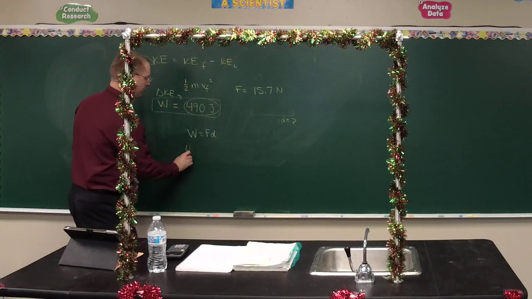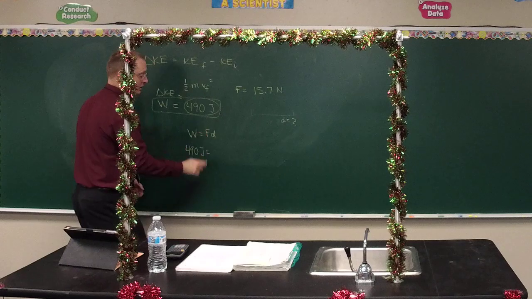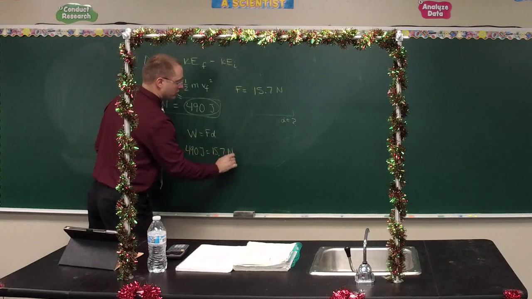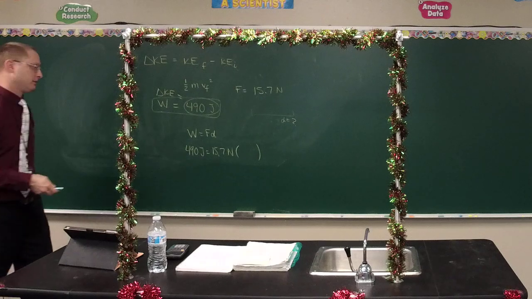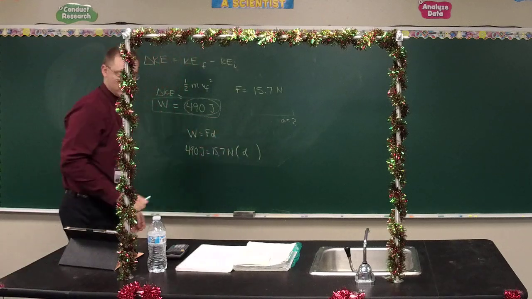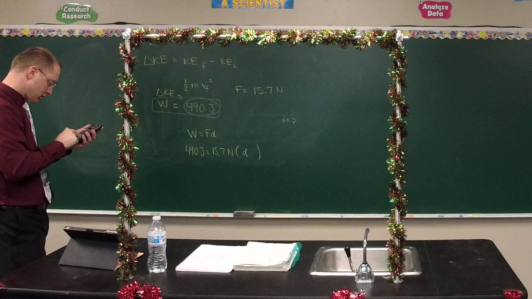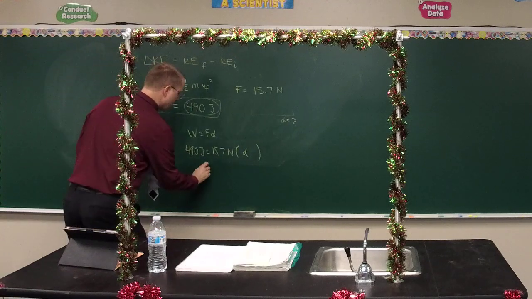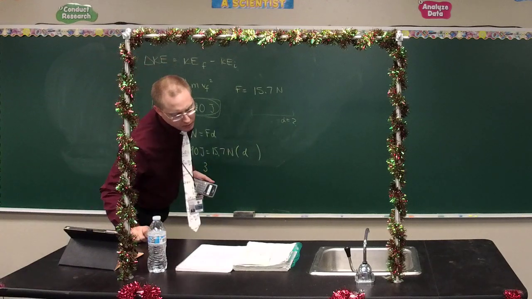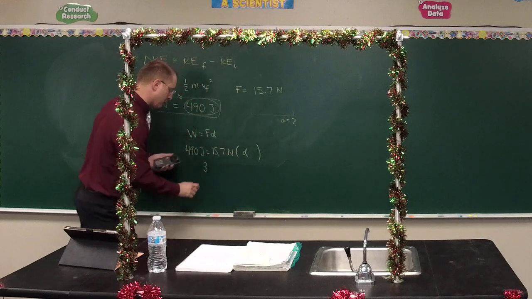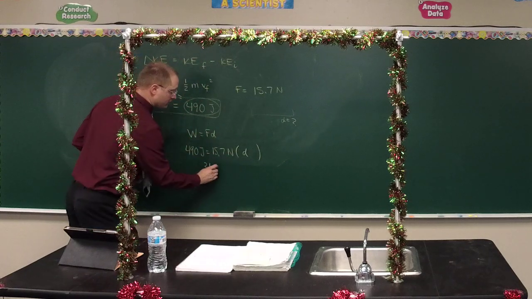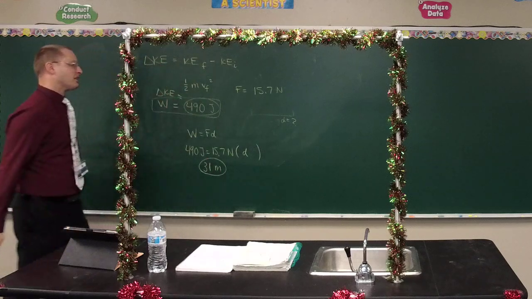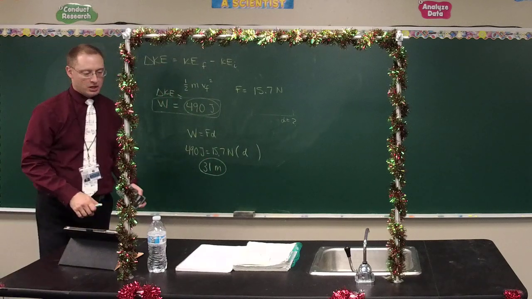So if the work is 490 joules, and there was a force of 15.7 newtons, over what distance did that force apparently act? 31.2. And is it 3 sig figs or 2? 2 sig figs. So 31 meters of distance, apparently.